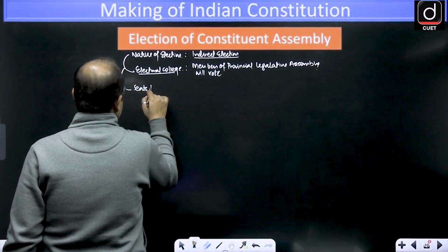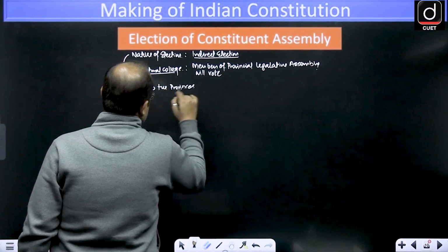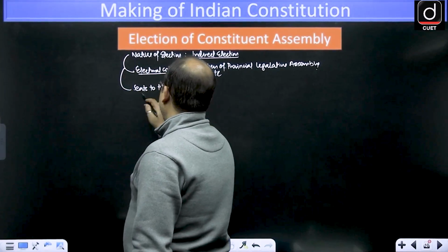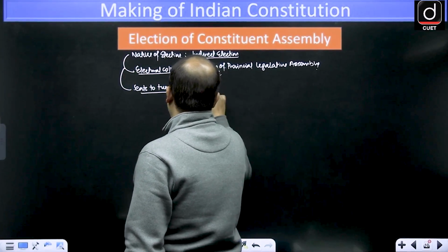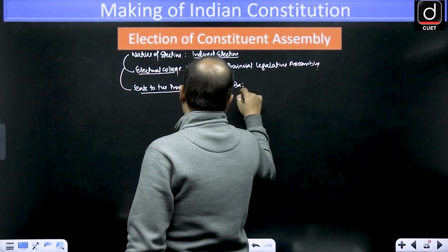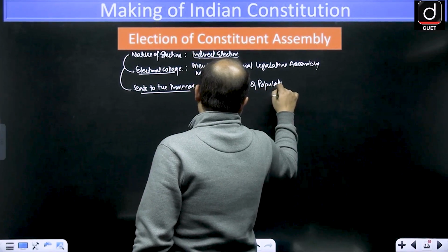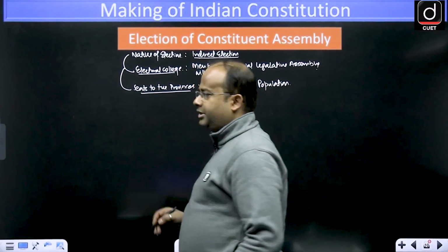The seats to the provinces were allotted on the basis of population. If a province has more population, more seats will be there.